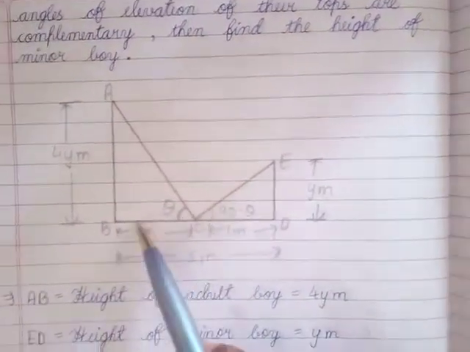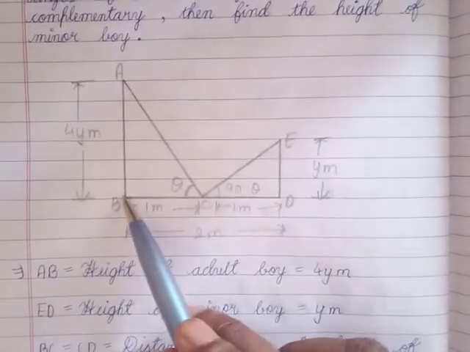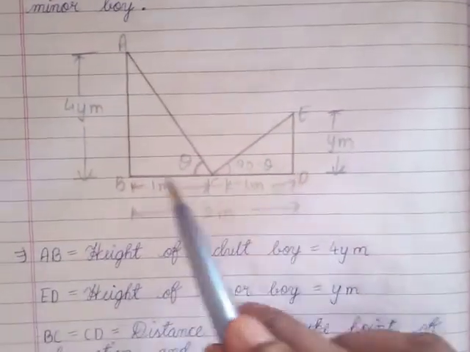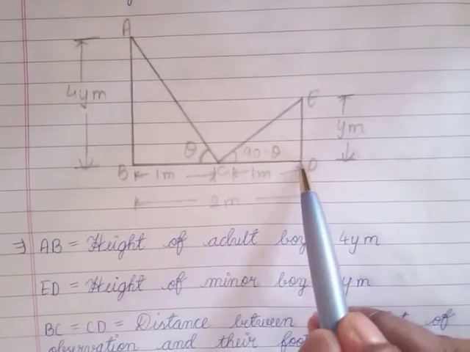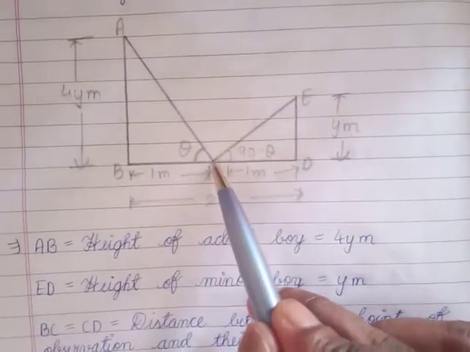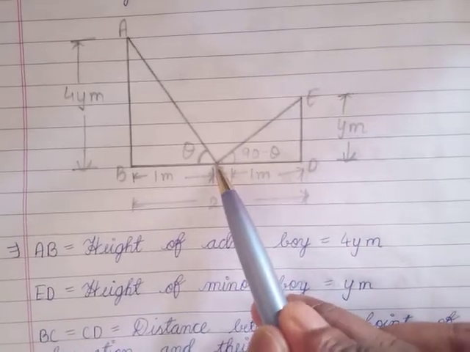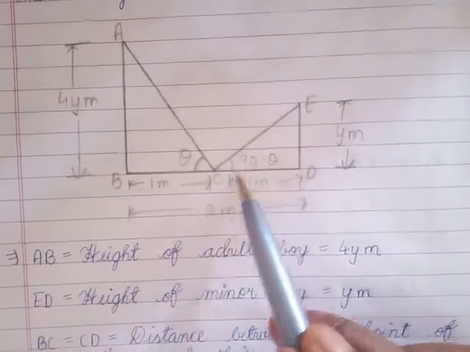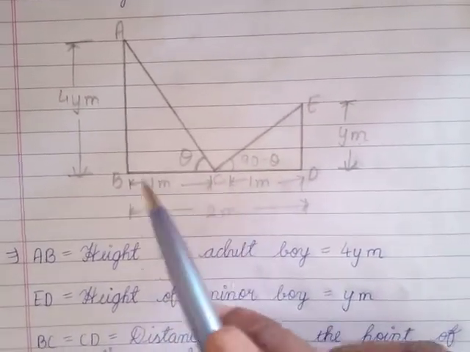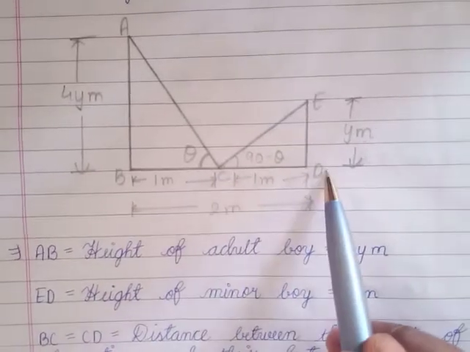At the midpoint, there are these two people, the adult and the boy. The distance between them is 2 meter, and at the center, the angles of elevation are complementary. So 1 meter both. BC is 1 meter and CD is also 1 meter.